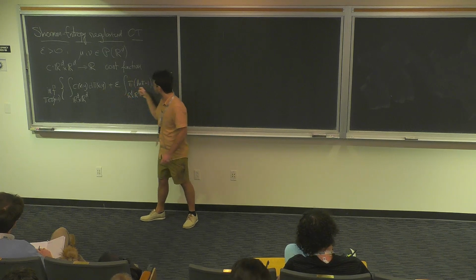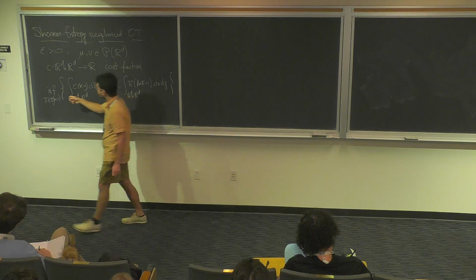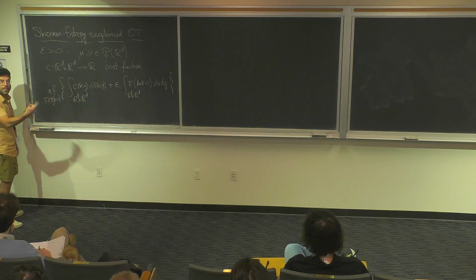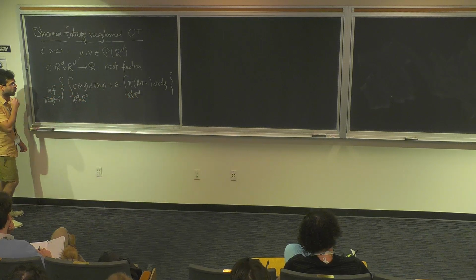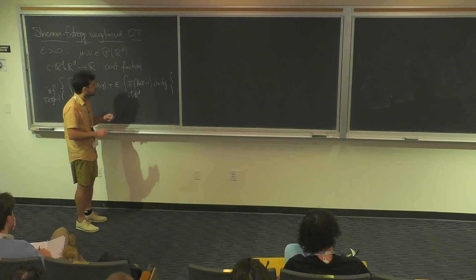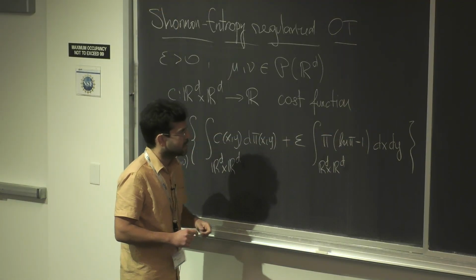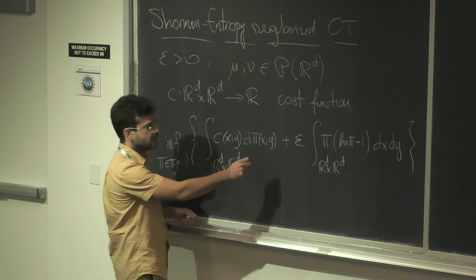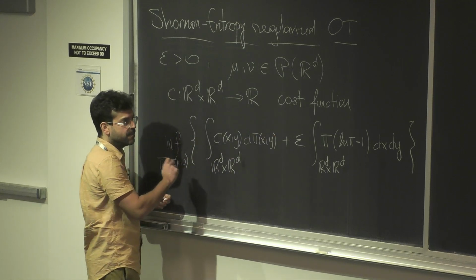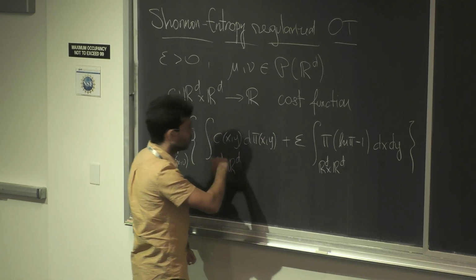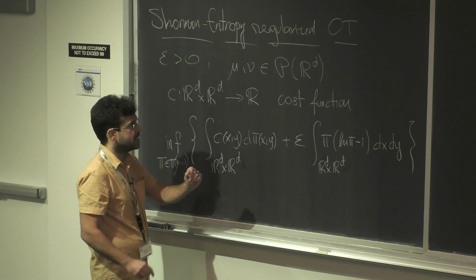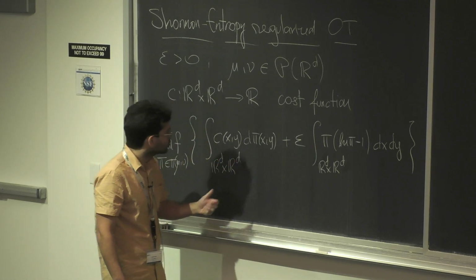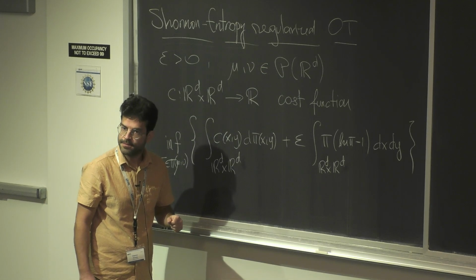So linear plus strictly convex means that if this minimum exists, it's gonna be unique. You like convexity for this. And this is one nice feature of this entropy regularization: by adding this entropy for epsilon strictly bigger than 0, we know that our solution is unique. And as you're gonna see in a second, this solution is also a little bit more regular.